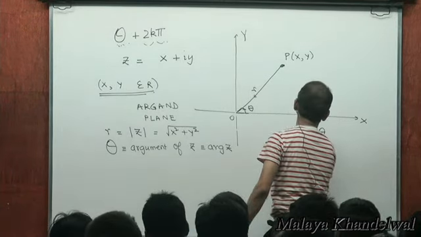If z is purely imaginary, then its argument will either be plus pi by 2 or minus pi by 2. And conversely, if the argument of z is plus or minus pi by 2, then z is going to be purely imaginary. Right?